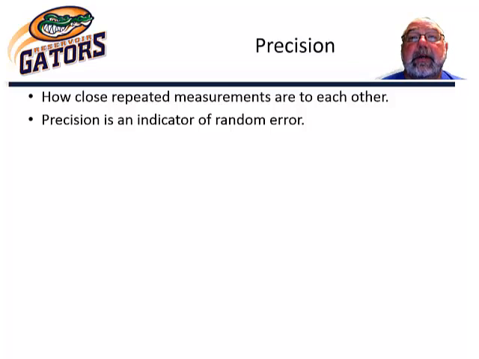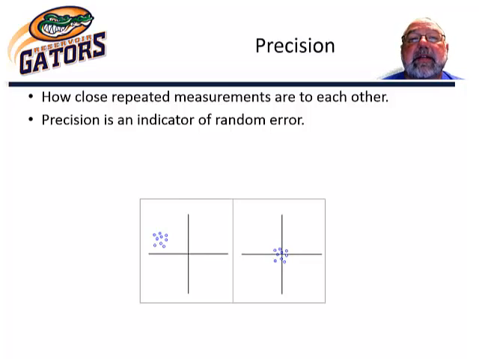You're going to have measurements surrounding the actual value, and as long as they're very close to the actual value, we would say that is a precise measurement. Now this graphic demonstrates two sets of measurements that are precise. You see they're very tightly packed together. They're both showing measurements that have very little variation from each other.